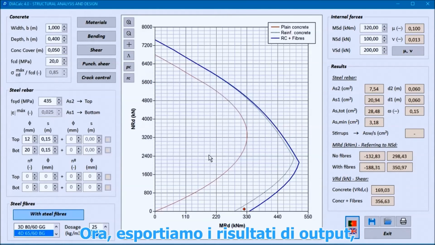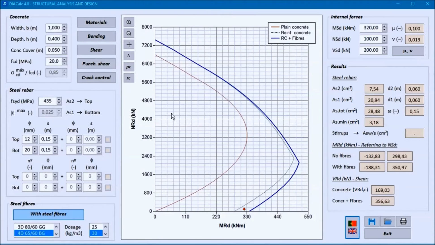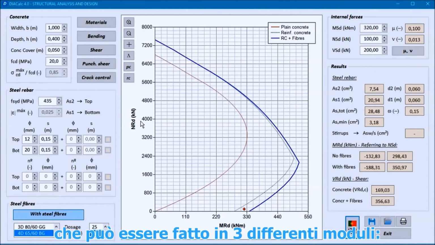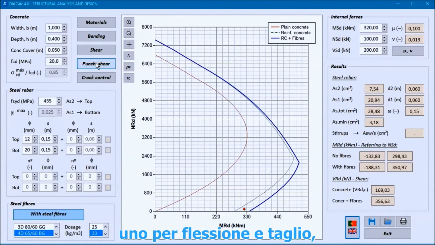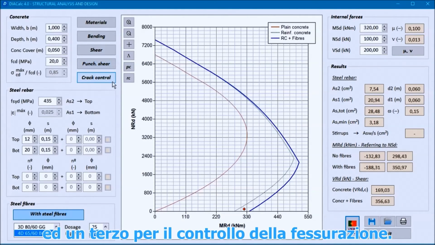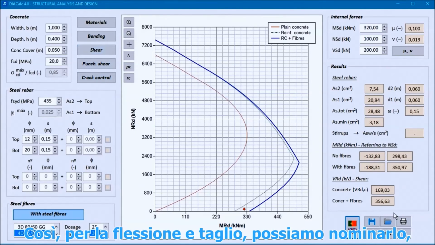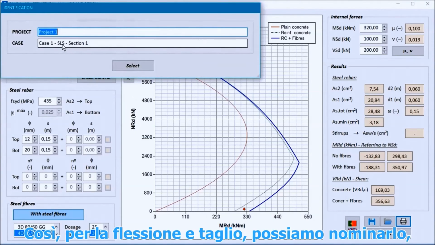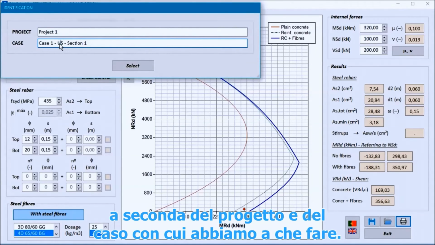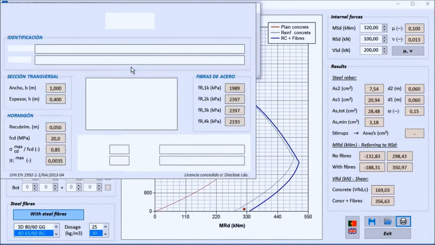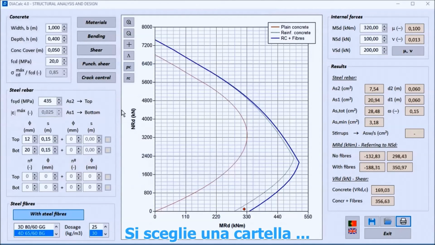Now let's export the output results, which can be done in 3 different modules: one for bending and shear, another one for punching shear, and a third one for crack control. So for the bending and shear, we can name it according to the project and the case we are dealing with. Choose the folder.